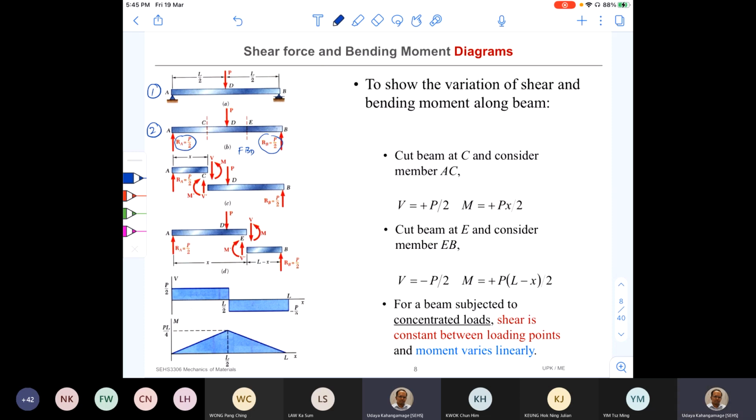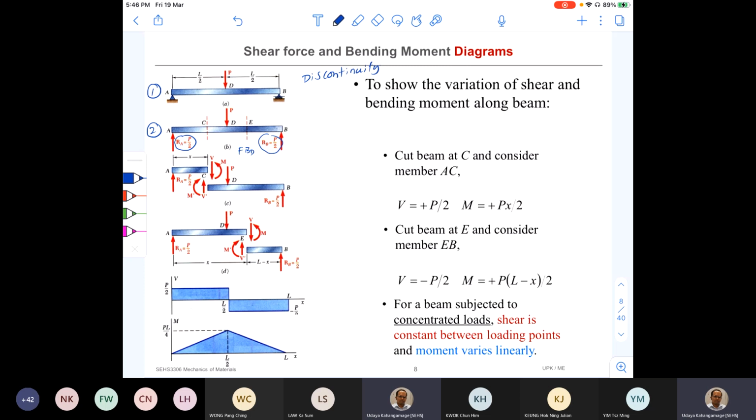So here the load application points are called discontinuities, because at that point there's a sudden change of shear force, a sudden change of bending moment. Let me write the word discontinuity.